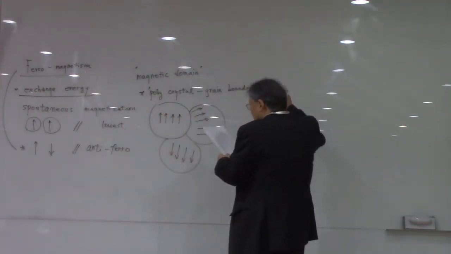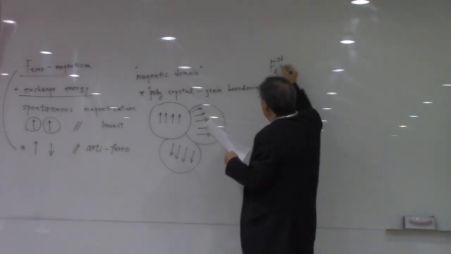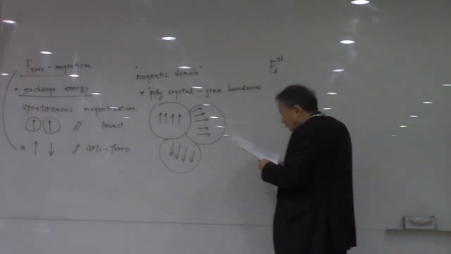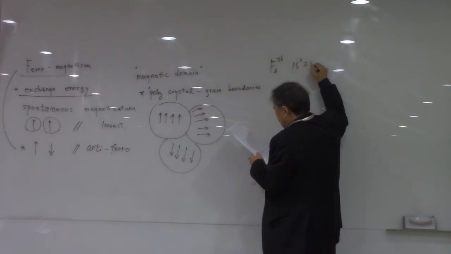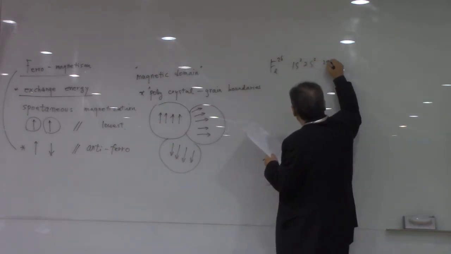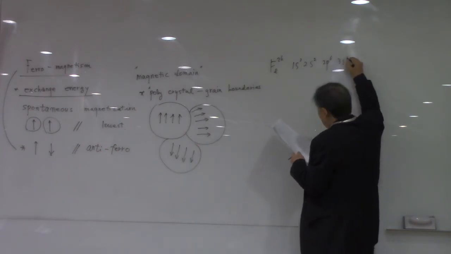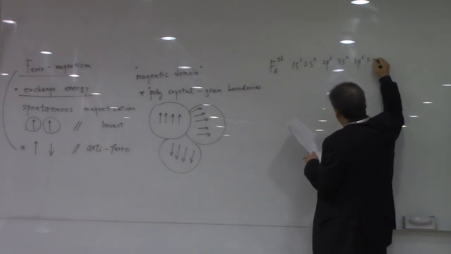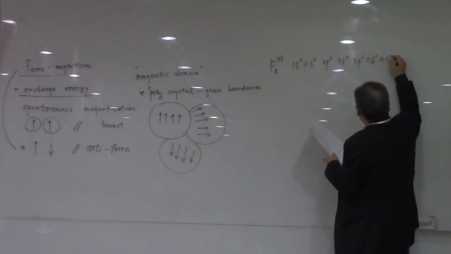It goes this way. For example, iron has 26 electrons, and it has 1s2, 2s2, 2p6, and then 3s2, 3p6, 3d6, and 4s2.